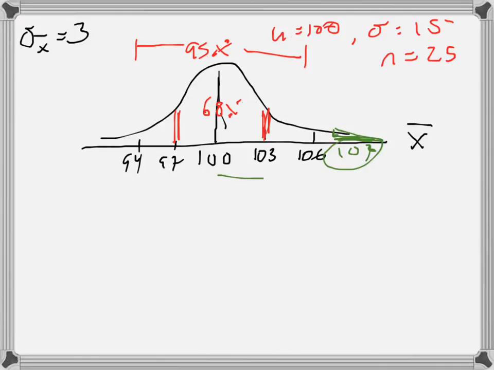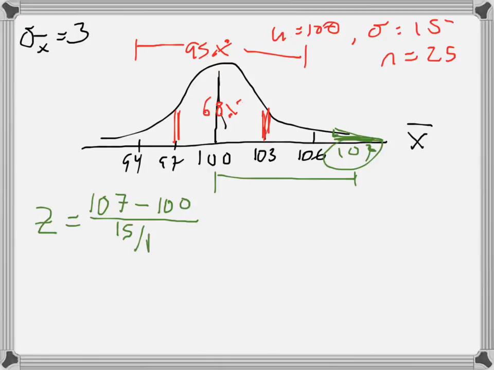So if we look here, how many standard deviations is this guy from the mean? We'll take a z-score, and this z-score is what we're going to be calling later down the line the test statistic. So our sample was 107. That was our sample mean. The mean of the population is supposed to be 100. And the standard deviation of this ended up being the standard deviation of the population divided by the square root of the sample size. So in that case, that's going to be 7 over 3, or 2.33.